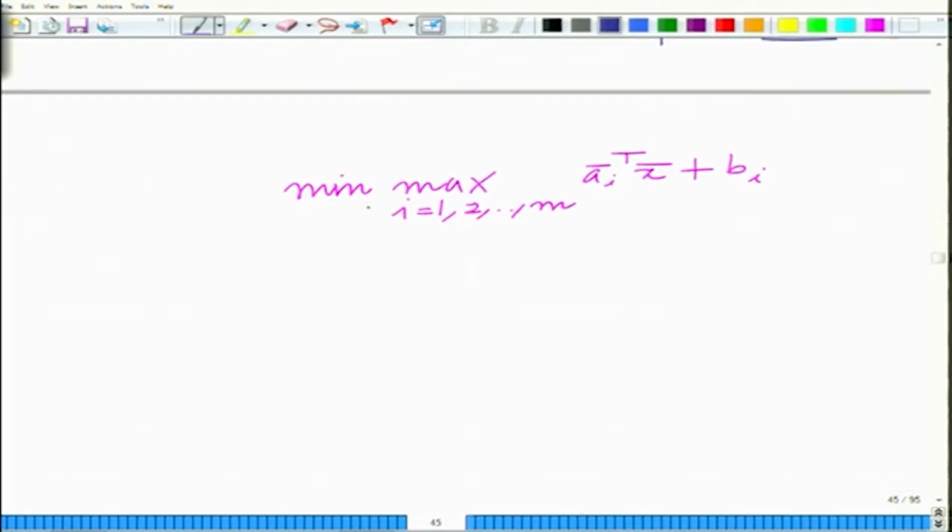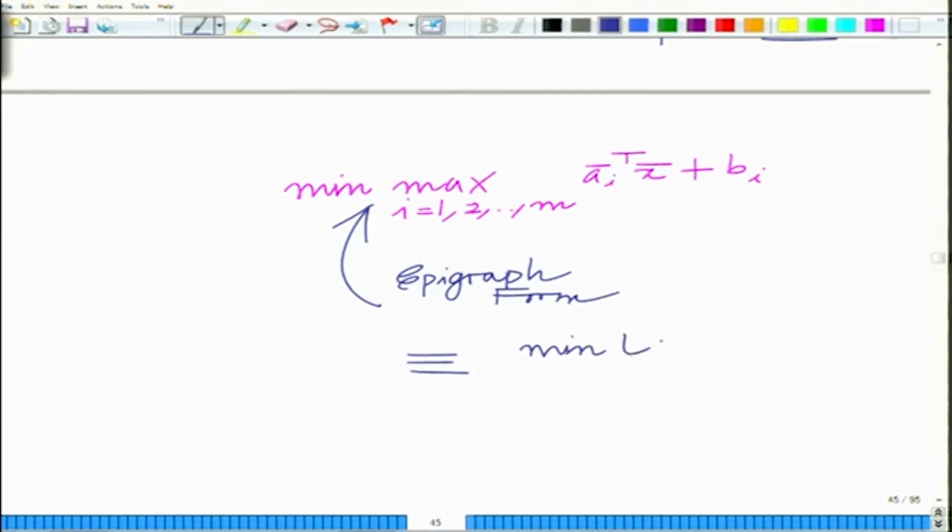Using the epigraph form, this can be equivalently written as: minimize t subject to the constraint that the objective, which is the maximum over i equals 1 up to m of ai bar transpose x bar plus bi, is less than or equal to t.